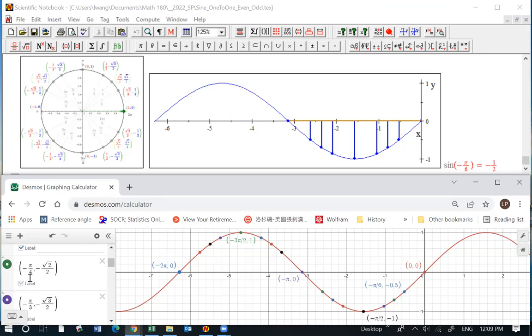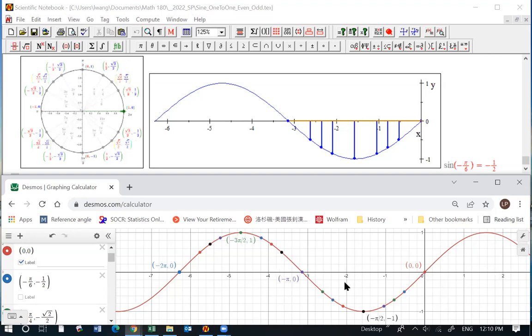Now, we're not done yet, okay? Because there's other things I like to discuss with you, right? When we were discussing those other functions, right? So now I'm going to bring them back. So we got the unit circle here, right?